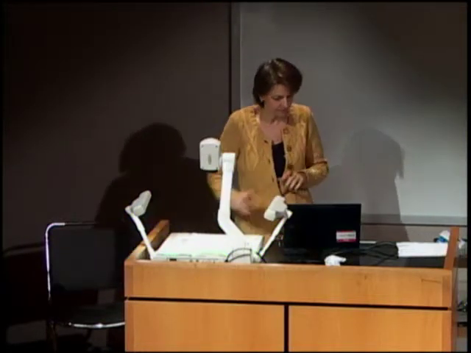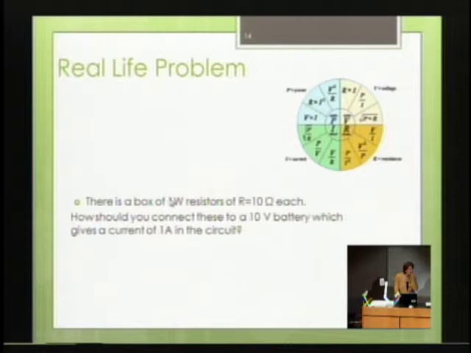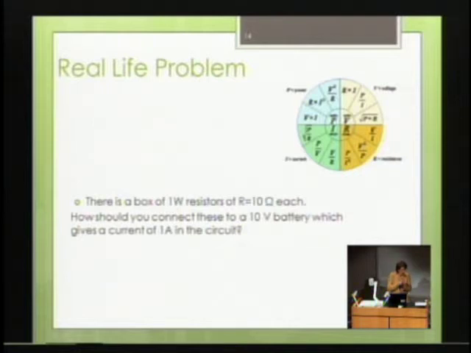We have a box with lots of resistors. And write down please, here I have a typo, the power each resistor can get is 0.1 watts, 0.1, not 1, okay? And in that box I have 10 ohms resistors, right?